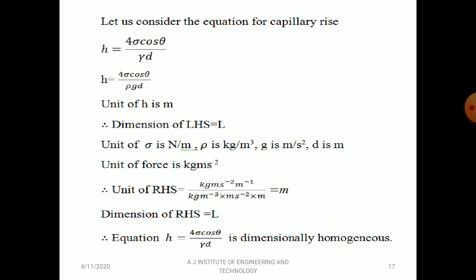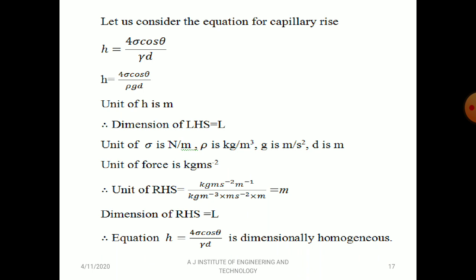and the unit of sigma is Newton per meter. In place of Newton you can write kg meter per second square. So kg meter per second square into meter inverse, that is meter to the power minus 1, because Newton per meter, cos theta, that has no unit, divided by rho, which has unit kg per meter cube, g has unit meter per second square, and d has unit meter.